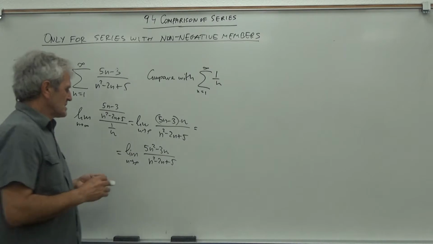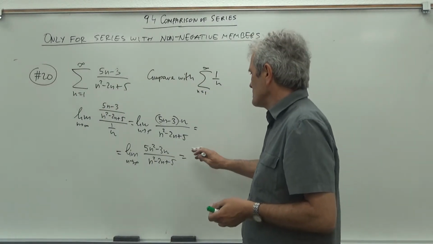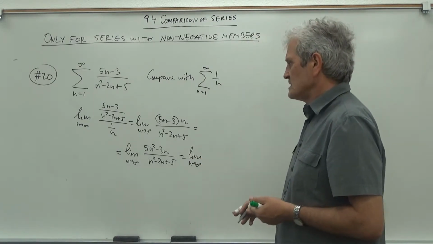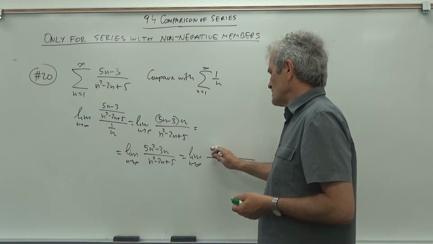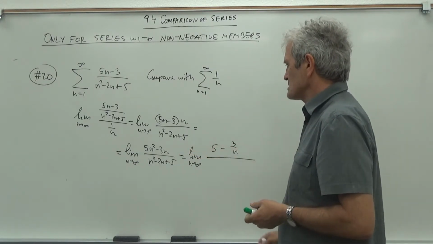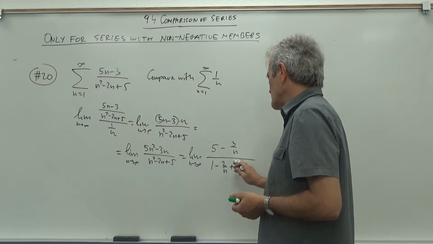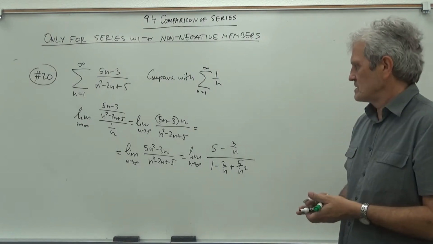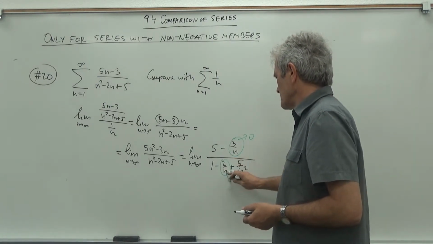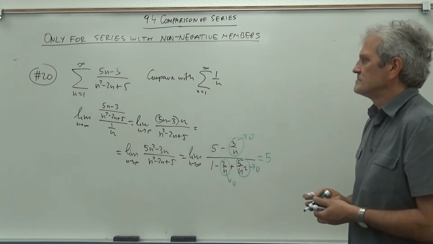Basically the powers are balanced, so let's play basic and divide by n squared. We get 5 minus 3 over n on top, and on the bottom 1 minus 2 over n plus 5 over n squared. All these terms approach 0 because n is getting big. So this limit is 5.